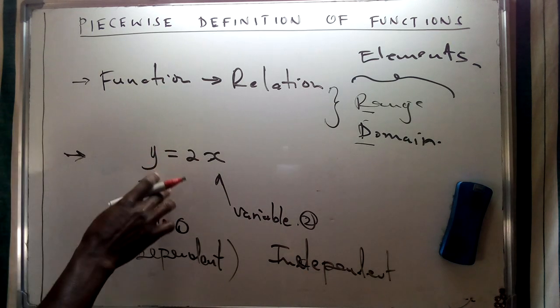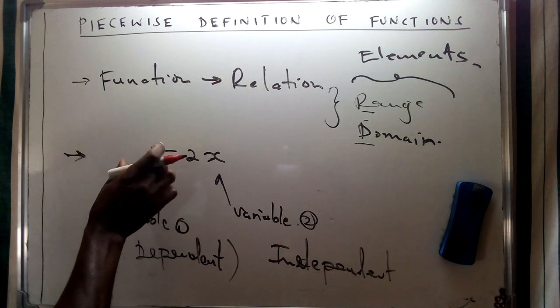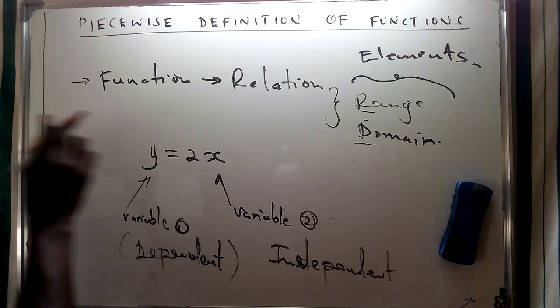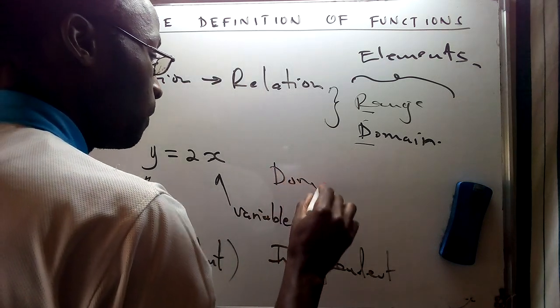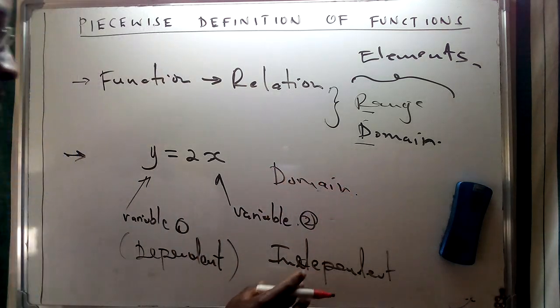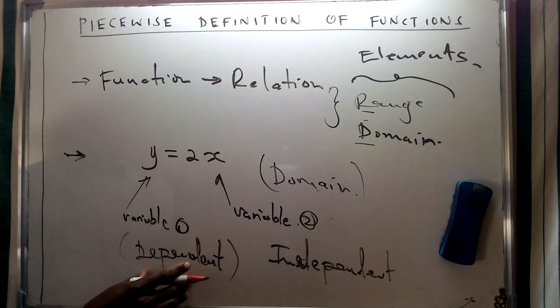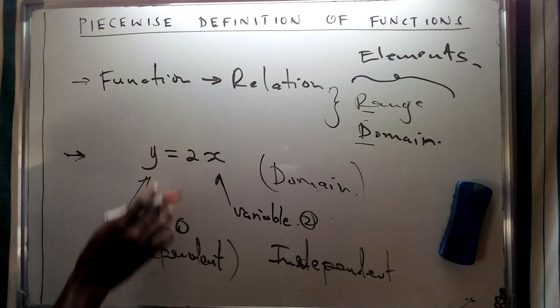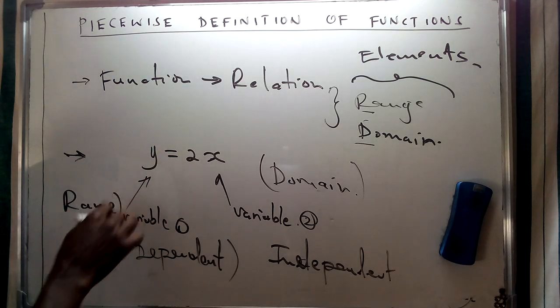And therefore we can say that a function consists of just one value that is going to assign a specific value on the other side. So we can assign this in terms of a range and domain. It is stated that all the elements contained in the independent variable form what we refer to as the domain, and all the elements contained in the variable y are going to be referred to as the range.